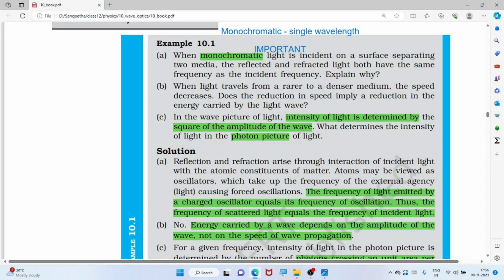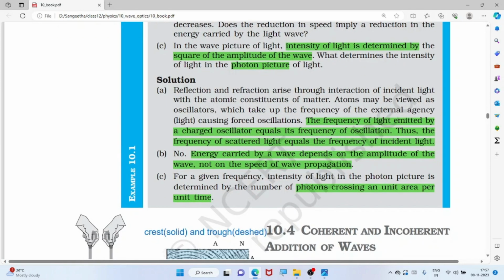When light travels from a rarer to a denser medium, the speed decreases. When light in air is 3 into 10 power 8 meters per second, in a denser medium like glass and water it will be less than that. Does the reduction in speed imply reduction in the energy carried by the light wave? Okay, when the speed is reduced, does the energy reduce?